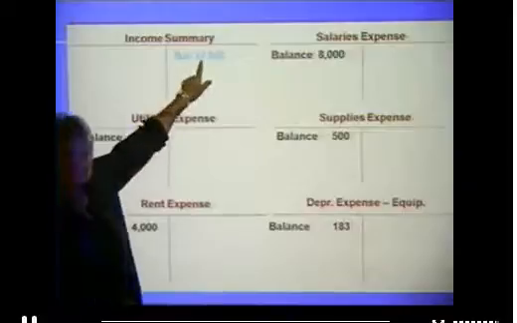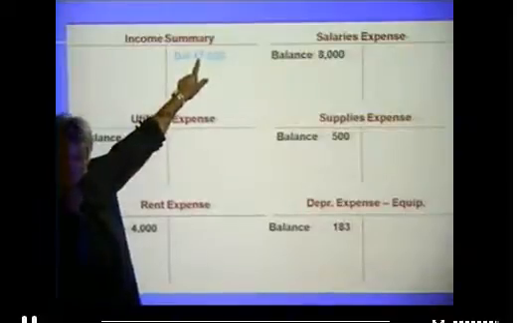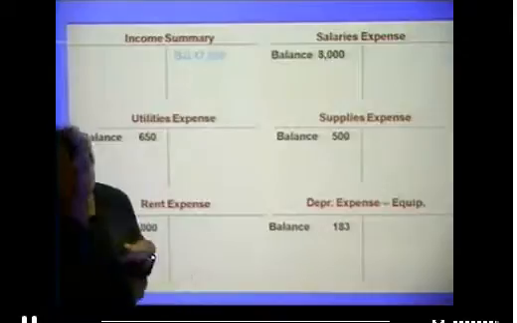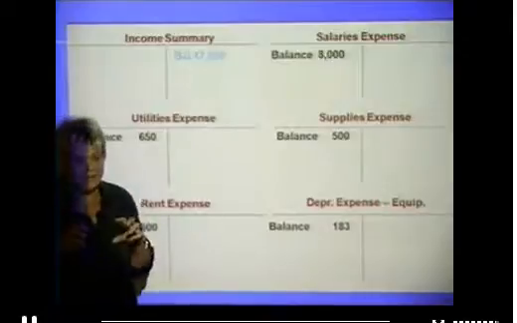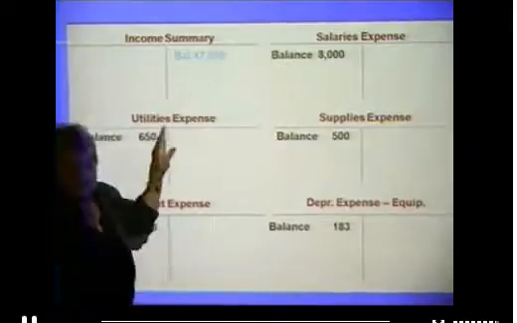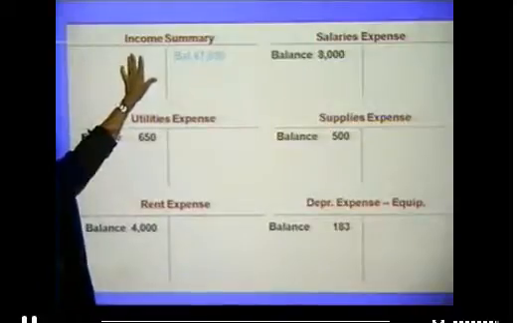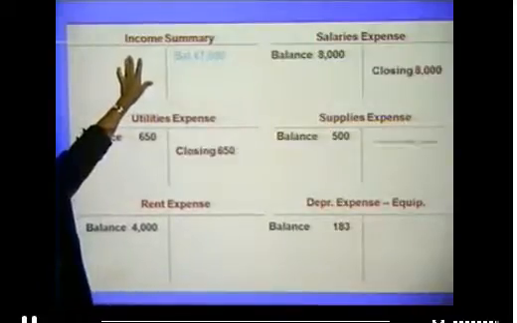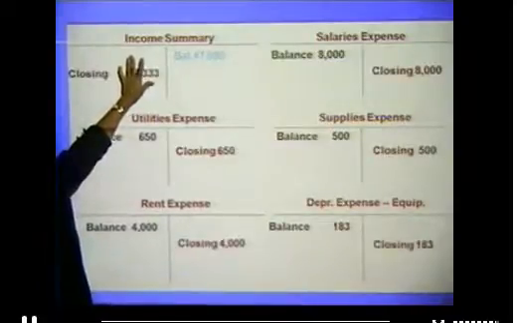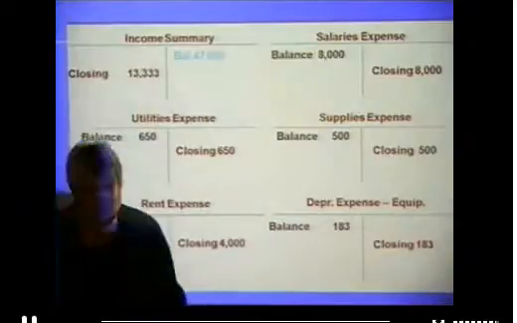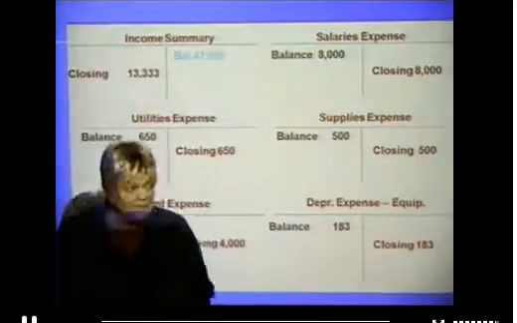Our income summary is sitting there with the revenue in it. There are all these accounts that need to be zeroed. We've already got the total on our worksheet, so we can debit the income summary for the total of all those and credit each one. And then it empties out all of your expense accounts, right?